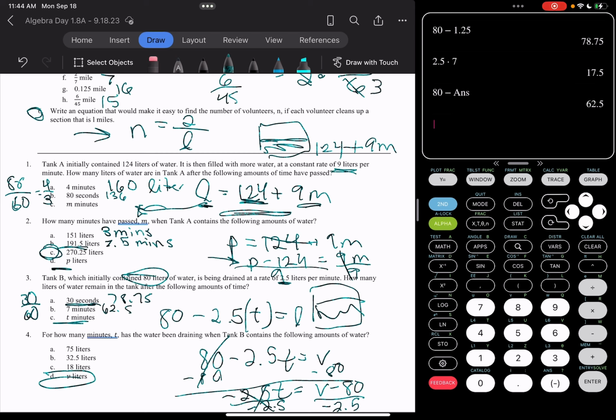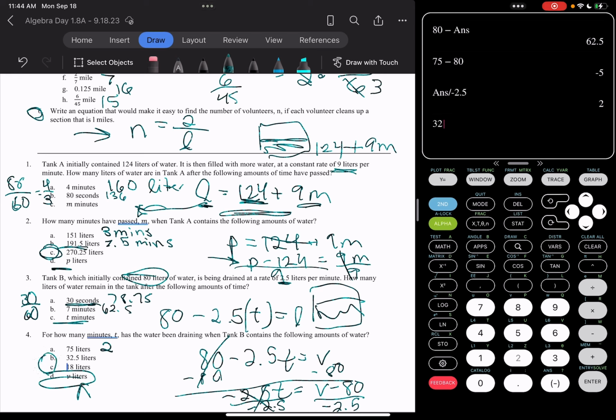So we can put in our liters here, 75 minus 80, and then divide by negative 2.5 gives us 2. So we'll be down to 75 liters after 2 minutes. So again, solving for this first and using that literal equation can make this faster. So you can try B and C, plug those in and see what you get.